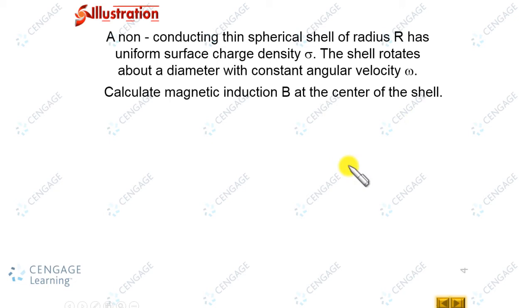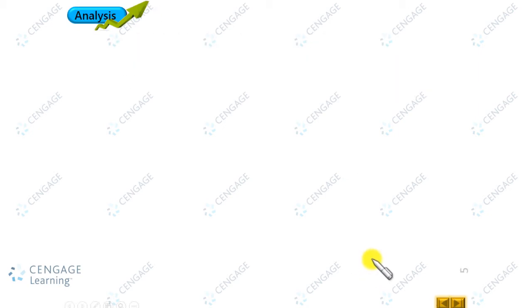We know when the shell rotates, current is induced due to the rotation of the charge, and we can consider this rotating charge as individual rings rotating about the common axis. Common axis is nothing but the diameter, right? So here we can consider the rotating shell as a collection of many rings rotating about the common axis, and that is the diameter.